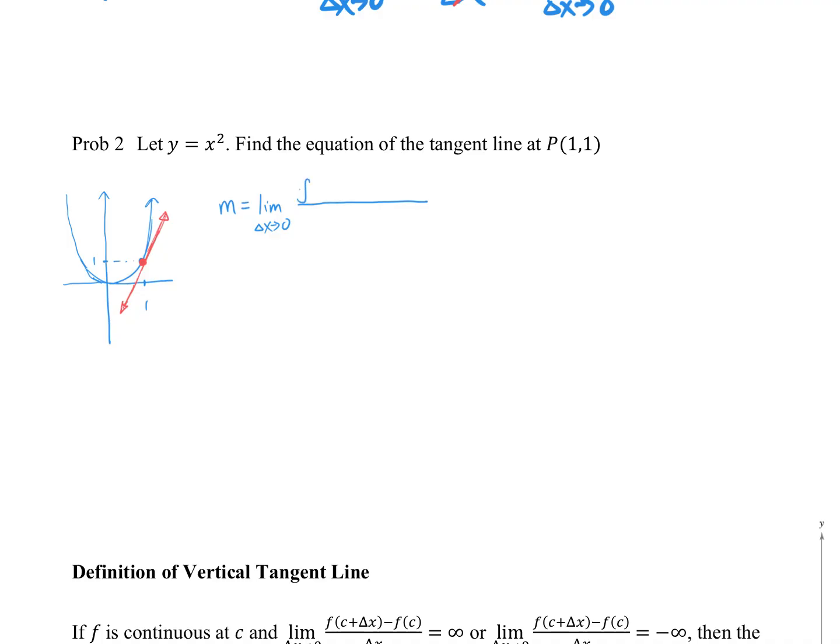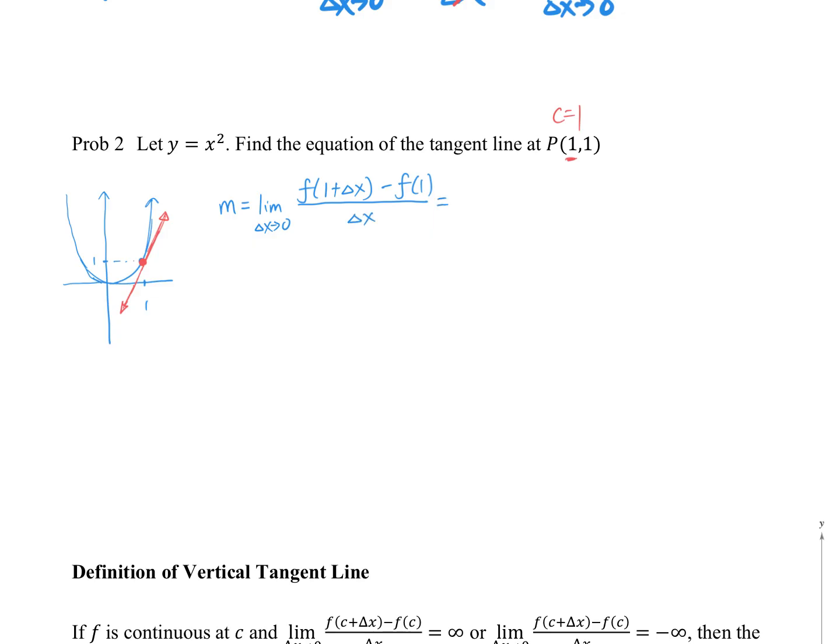Here this is f of, now the c is 1, as we want to find the equation of the tangent line when x is 1 and y equals 1 at that point. So f of 1 plus delta x minus f of 1 over delta x.